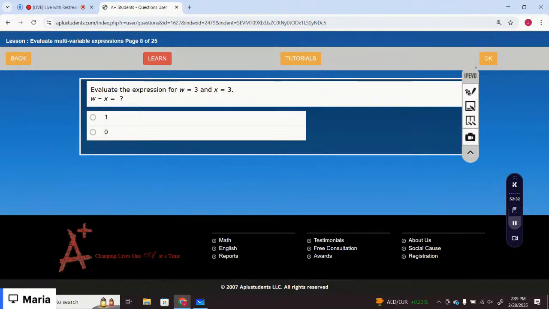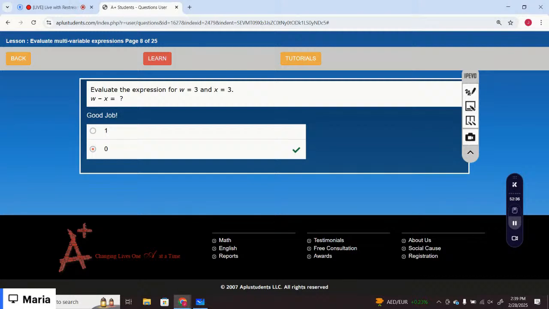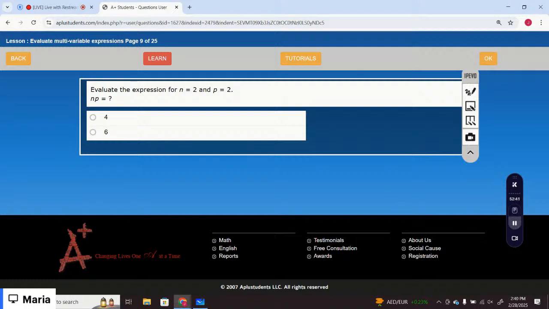Option number 2 is the correct option. Evaluate the expression for n equals 2 and p equals 2.